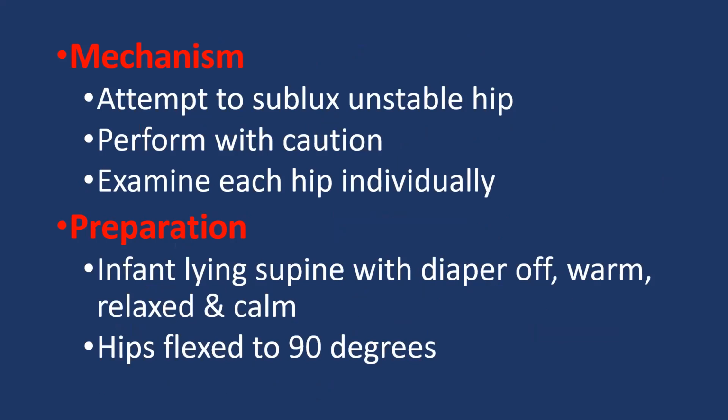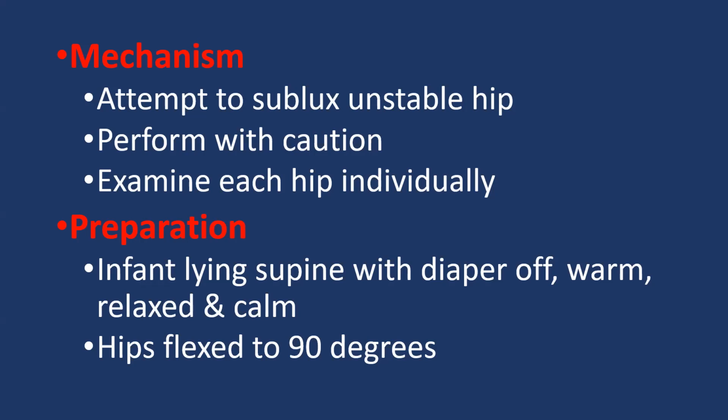You should perform it with caution, and you should examine each hip individually. مش تعملوا اثنين سوا, هيدي تجليطة بنسميها. The infant should be lying supine with the diaper off, and he should be warm, relaxed, and calm. You could have a nice, pretty nurse by your side, and you will be calm.